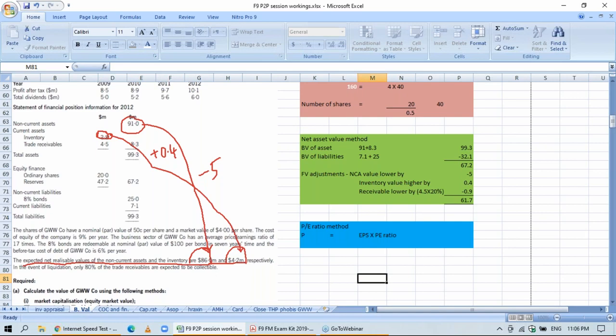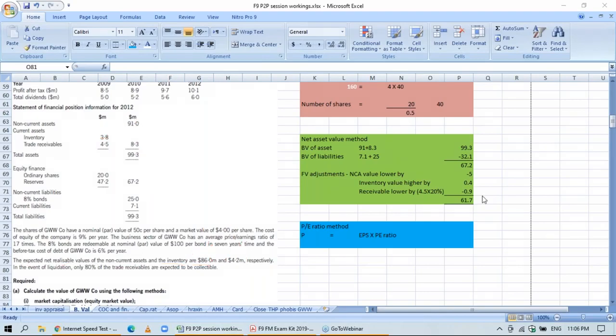As per the question, first you need to know the earnings per share. The latest EPS is 10.1, given over here.